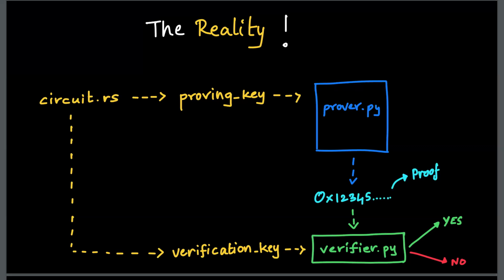The prover tries to generate a proof, which would be an incomprehensible bunch of alphanumeric characters, just some gibberish, which is then given to the verifier, which tries to make sense of the proof received from the prover. All the verifier does is give a yes or no. Yes in the sense that the proof is correct, no in the sense that this is not the right one. So in reality, there is no interaction between the prover and the verifier.